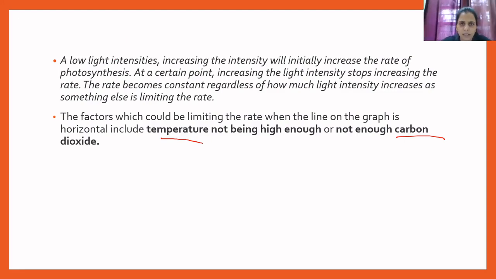So at low light intensities, increasing the intensity will initially increase the rate of photosynthesis. As the graph shows in the previous slide, initially with increase in light intensity, the rate of photosynthesis also increases. But at a certain point, increasing the light intensity stops increasing the rate of photosynthesis. Why?